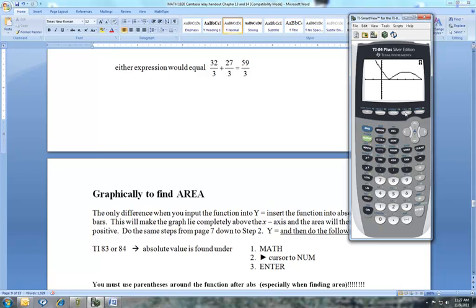Now I can do this whole thing at once. So second, calc, number 7. And if I go from -1 all the way to 4, it should give me this in decimal form. If you'll notice, it says 19.666601. Ours is actually 19 2/3.